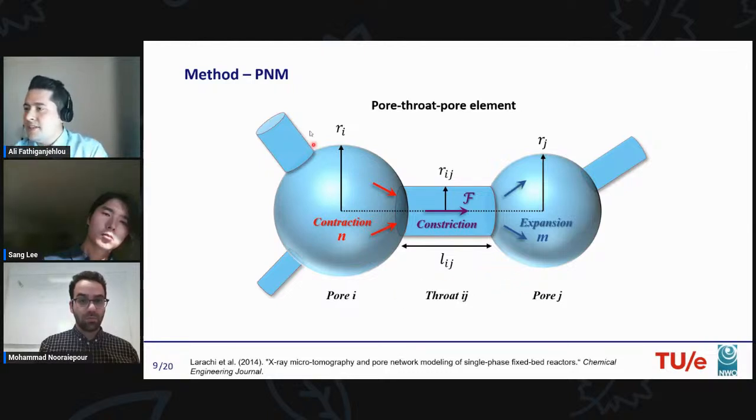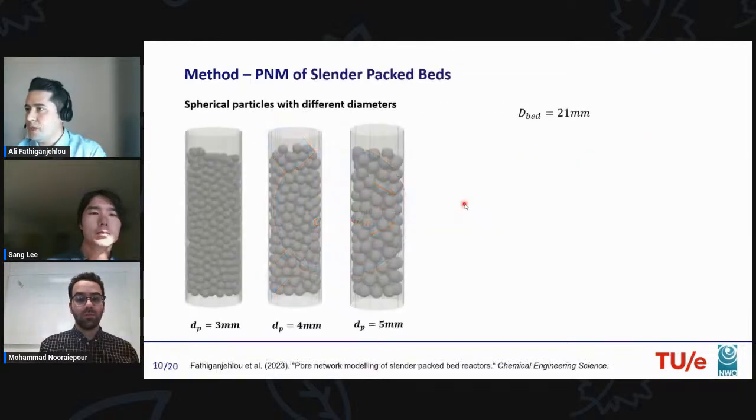By formulating the mass balance and energy balance equations for the pore-throat-pore elements in the entire network of the PNM, we can calculate the pressure values inside each pore and flow rate values inside each throat. In a recent study, we performed PNM of standard packed beds filled with spherical particles with different diameters.